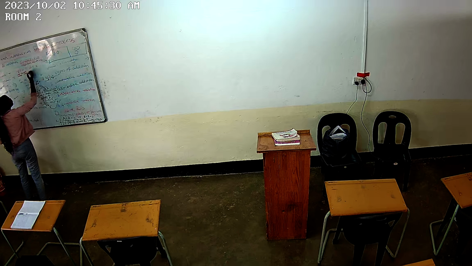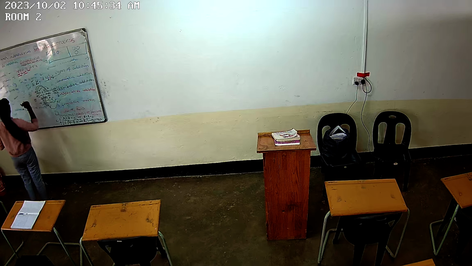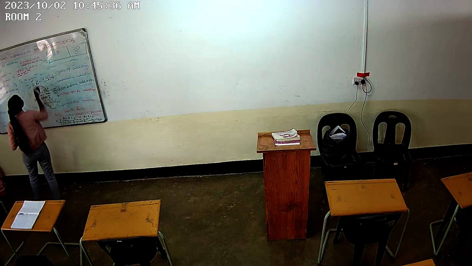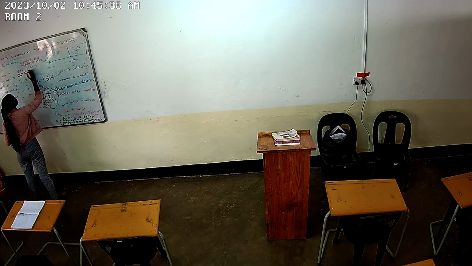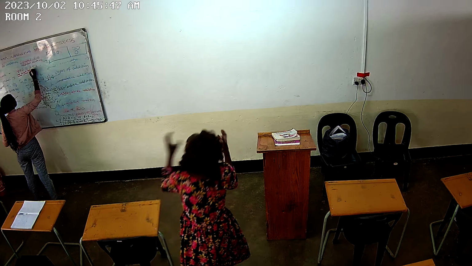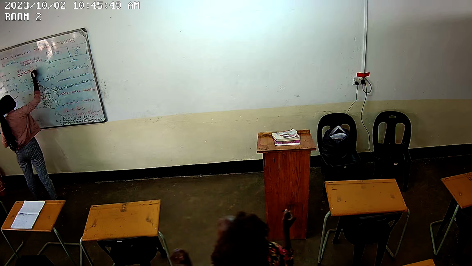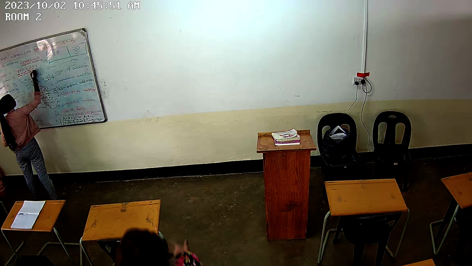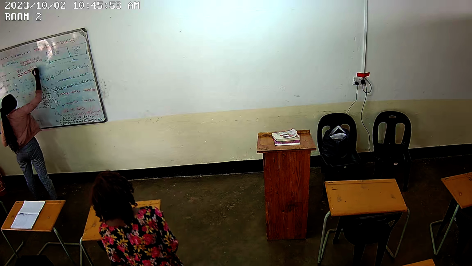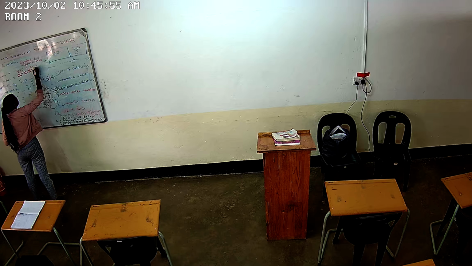So that the child will know that the big number, I can start with adding the big number plus the small number. Or it doesn't matter, I can start off with the small number, adding the big number, and the answer is going to remain the same because there is an equal sign. They need to know the reason, the rationale behind it.